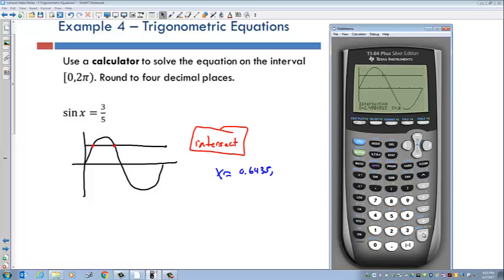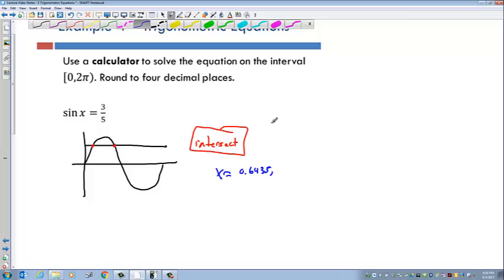It doesn't have to be right on it, but it has to be close to it. And this one's 2.498. And because that 5th decimal place is a 9, we'll make that a 1. So 2.4981. That's to 4 decimal places.